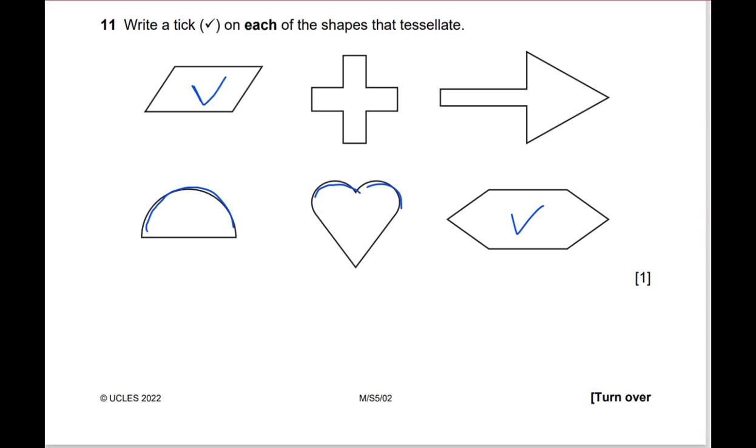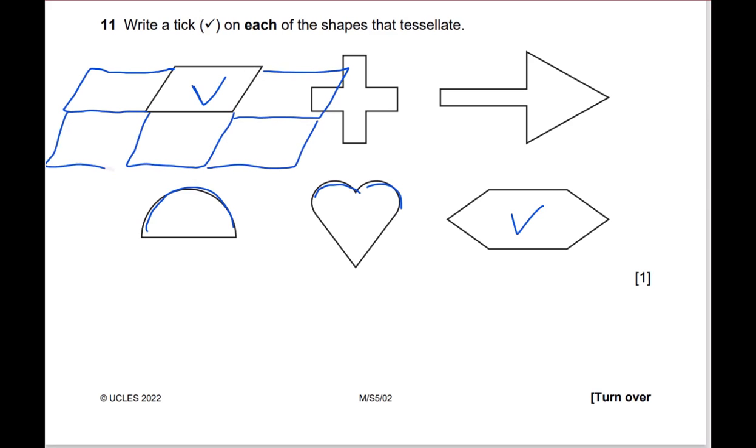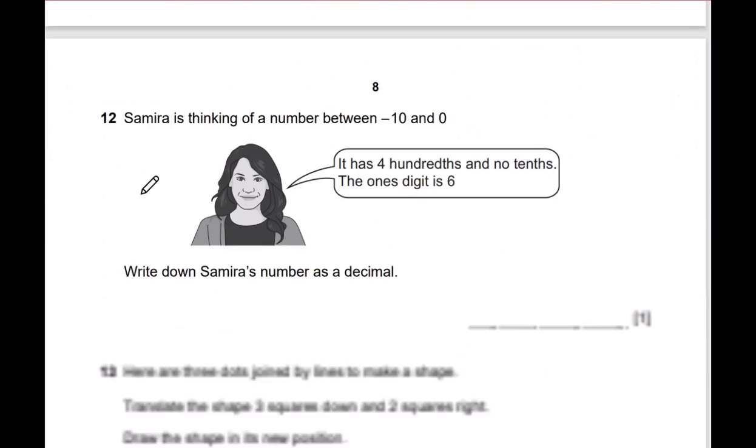And this will tessellate easily, as in this illustration, and then go here like that. So that is the meaning of tessellate: can be arranged and fit perfectly. Alright, next, this is also the same. This can tessellate easily. And this can also tessellate easily. Okay, let's move on to question 12.